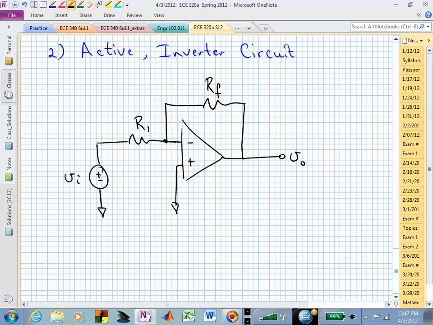Is it in a negative feedback configuration? That's what I'm really asking to begin this process of analyzing. Do I have something feeding back the output to the inverting input terminal of that op amp? And indeed I do.